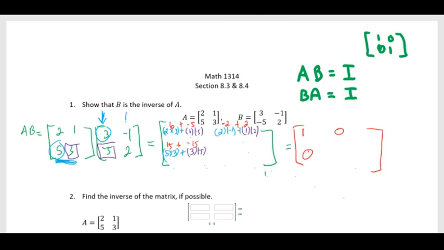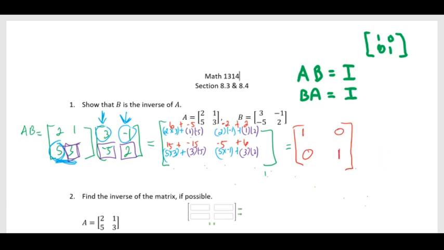Then we go on to the next one. So we have 5 times -1 plus 3 times 2. So we can see here that we get -5 plus 6 is going to be equal to 1.